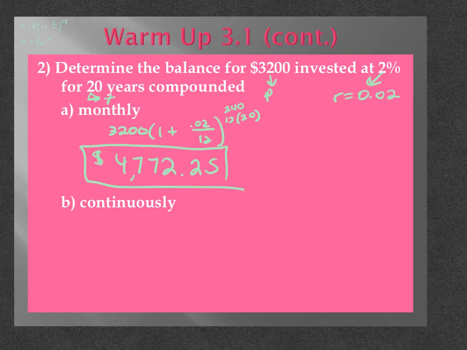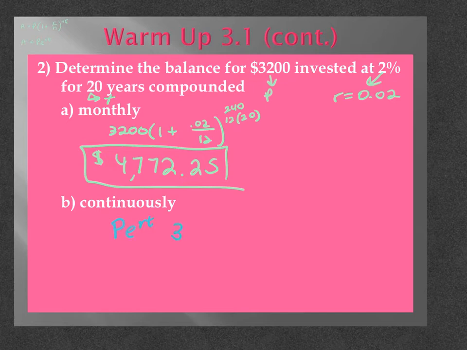It doesn't even matter how much money it is. If I wanted to know how long it would take to double this money, I would set this equal to 6,400 and my t would be my variable. So we divide both sides by 3,200, you'd get 2 on the other side, which should make sense because that's doubling, right? And then you'd work backwards from your exponent, which uses logs, which is what we're going to get to today. Okay, so then continuous is your Pe^rt.